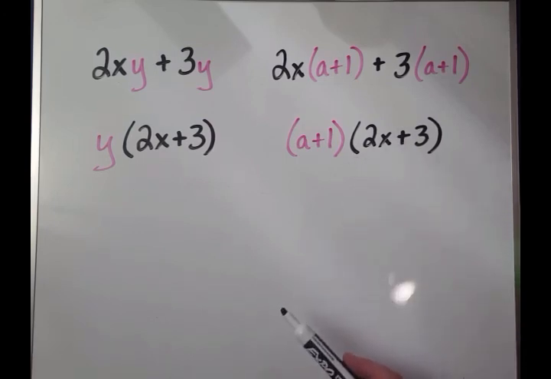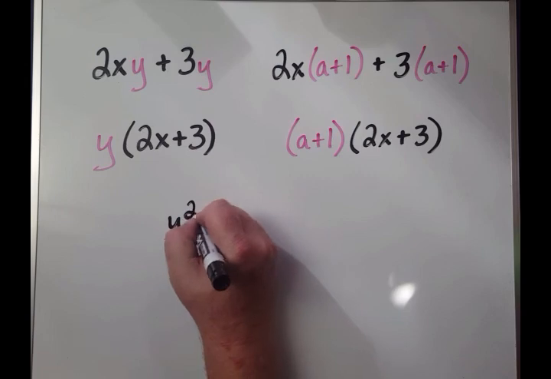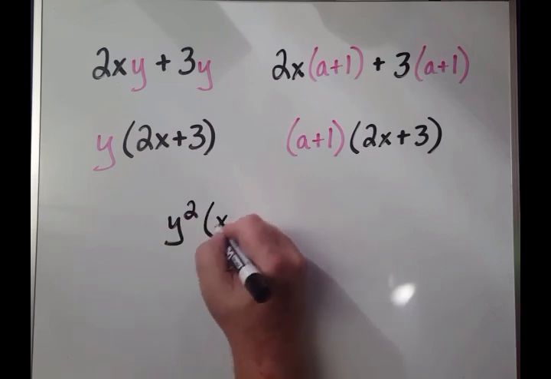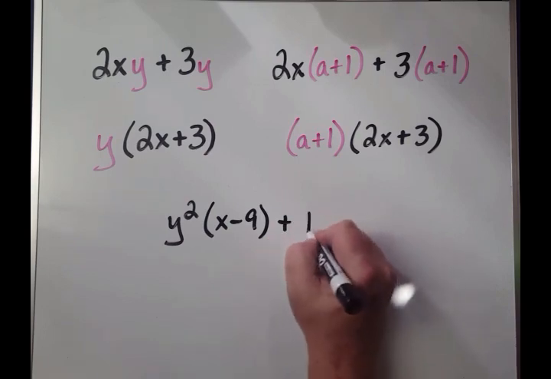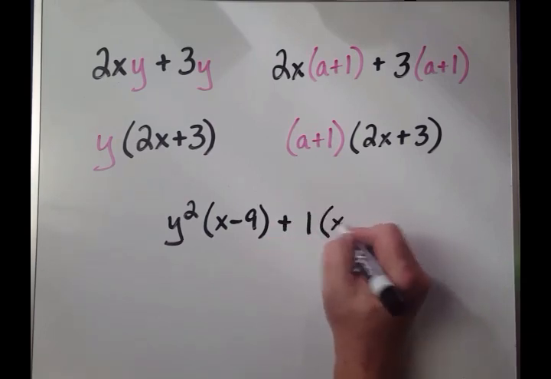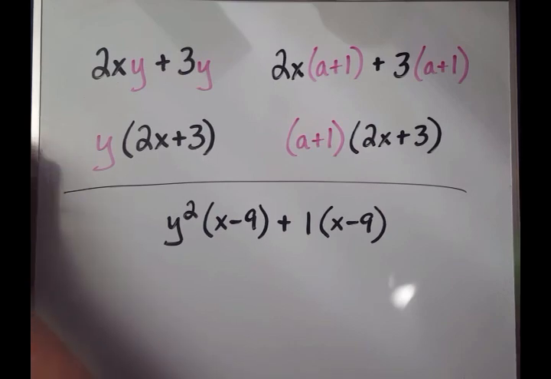I want to look at one more problem. Number 70. And in number 70, I want to tell you something that I might do just a little differently than she does in presenting this problem. Number 70, factor out the greatest common factor.